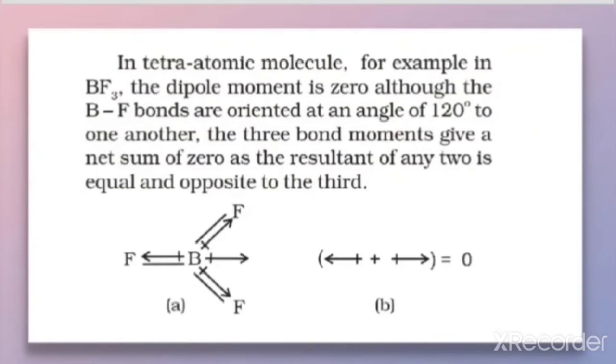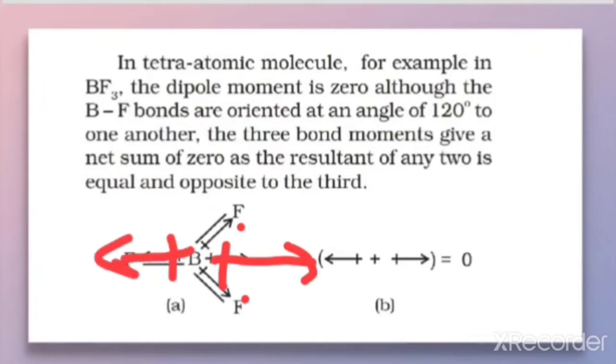Let us take the case of BF3. Here the bond dipoles are represented. They will be towards fluorine because fluorine is more electronegative. Here the angle between them is 120 degrees. So the resultant of these two bond dipoles will be in this direction, and that is opposite to the bond dipole of the other bond.